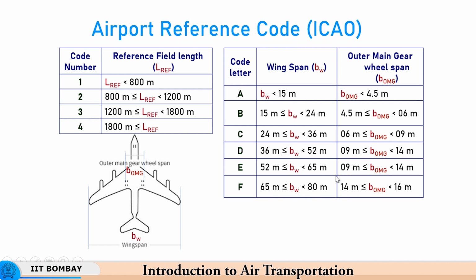So, all passenger aircraft will try their best to fit the wingspan within 80 meters, and if the wingspan is going beyond 80 meters, they will have to incorporate very interesting mechanisms to ensure that when the aircraft is at the airport, the wingspan is not more than 80 meters, by folding the wing tips. For example, in the Boeing 777 they have employed folded wing tips to meet the criteria. So, what they have done is they did not want to go to code letter F.